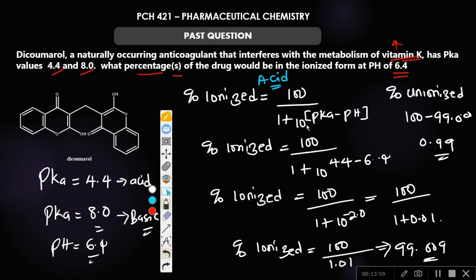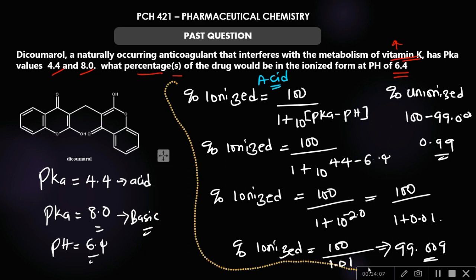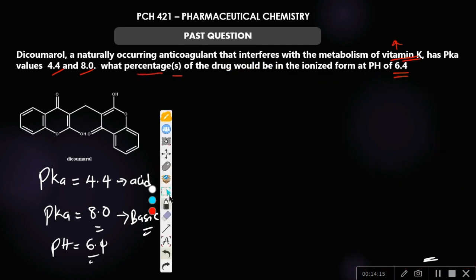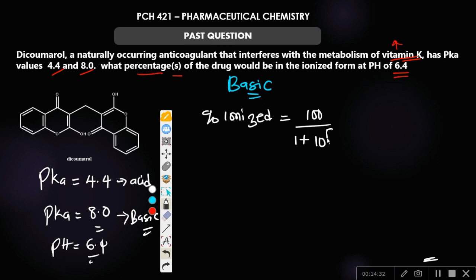Now for the second one, you have pKa 8.0, but it is in the basic medium. Is that okay? This one is in the basic medium. So how do we solve? For basic, percentage ionized is usually 100 divided by 1 plus 10 raised to the power of pH minus pKa, the opposite.